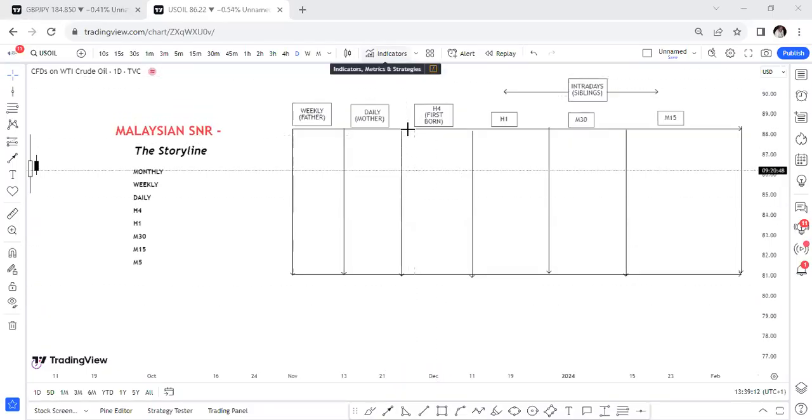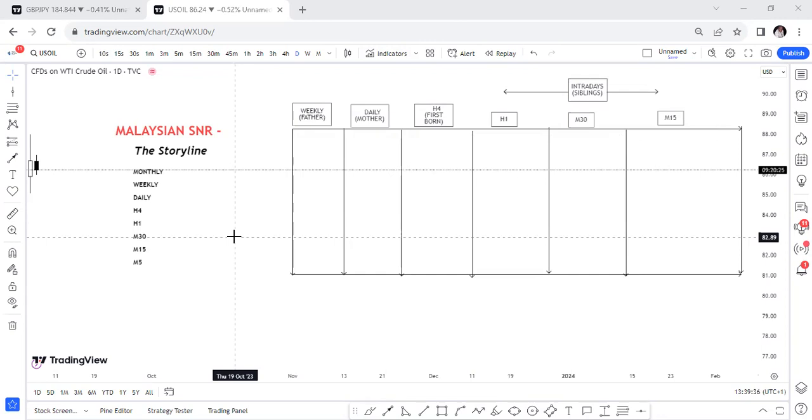Let's go straight to the points. We want to tell you about the Malaysian SNR levels, the storyline behind the support and resistance level. The storyline means the price action behavior in all the time frames.